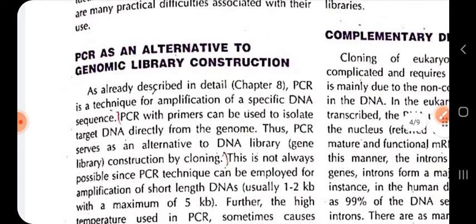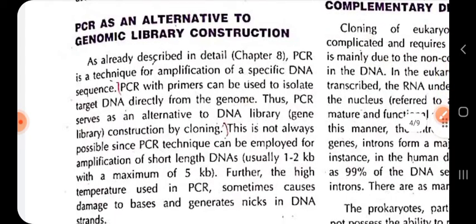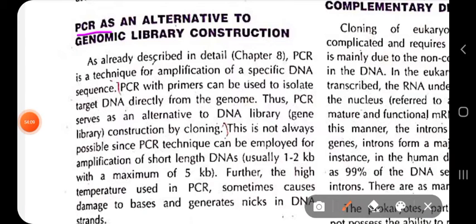You can also go for PCR as an alternative to genomic library construction, without going through all these steps of using vectors and cleaving them with restriction enzymes. Directly, you can use PCR for construction of a genomic library.